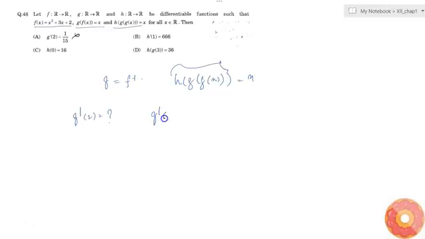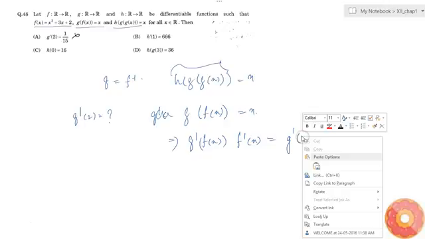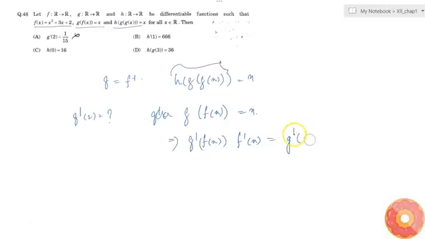We know g of f of x is equal to x, so that implies g dash of f of x into f dash of x is equal to 1.